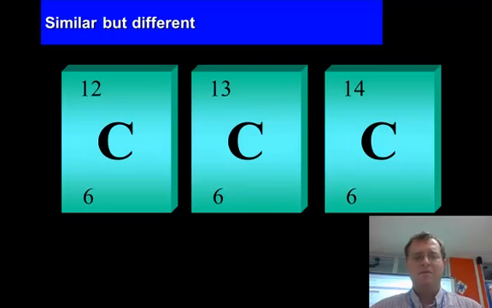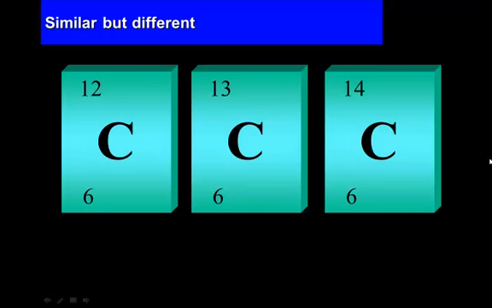Now, let's think about this. Here I have three elements all marked with a large C. This C stands for carbon. We know that they're all carbon because they have exactly the same number of protons, that's 6. However, their mass number is different.